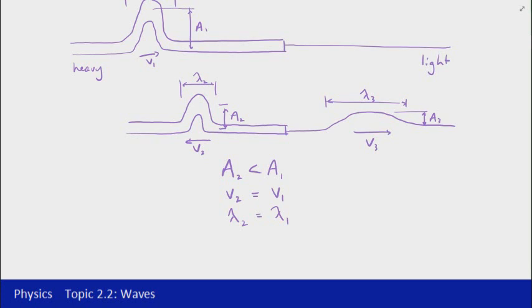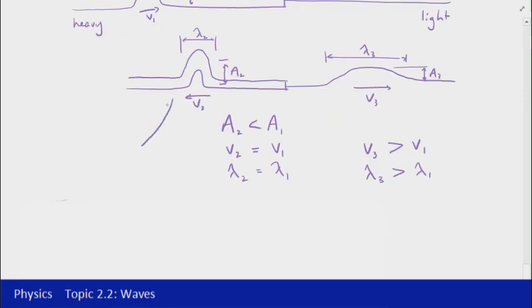What we can also look at though is that the speed V3 is greater than V1, and that means that the wavelength or the pulse width lambda 3 will be greater than lambda 1. You'll notice here that the wave is upright, and the reason why that wave is upright is due to inertia.